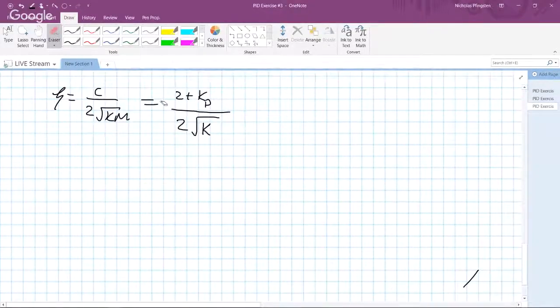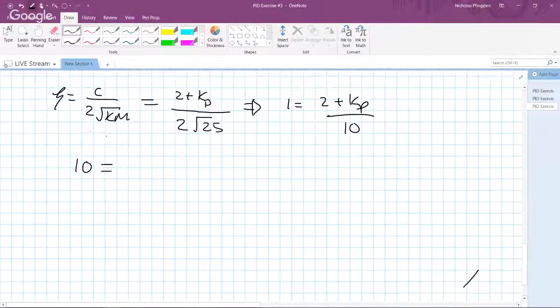So 2.5 times 10 is 25, but square root of 25 is just 5. So it's going to be 1 equal 2 plus kd all over 10. 10 equals 2 plus kd, and kd is now equal to 8.